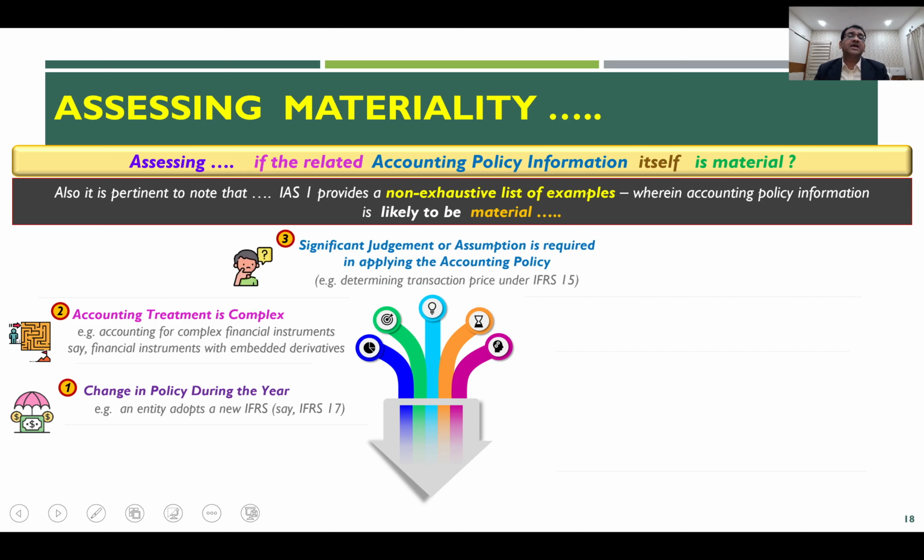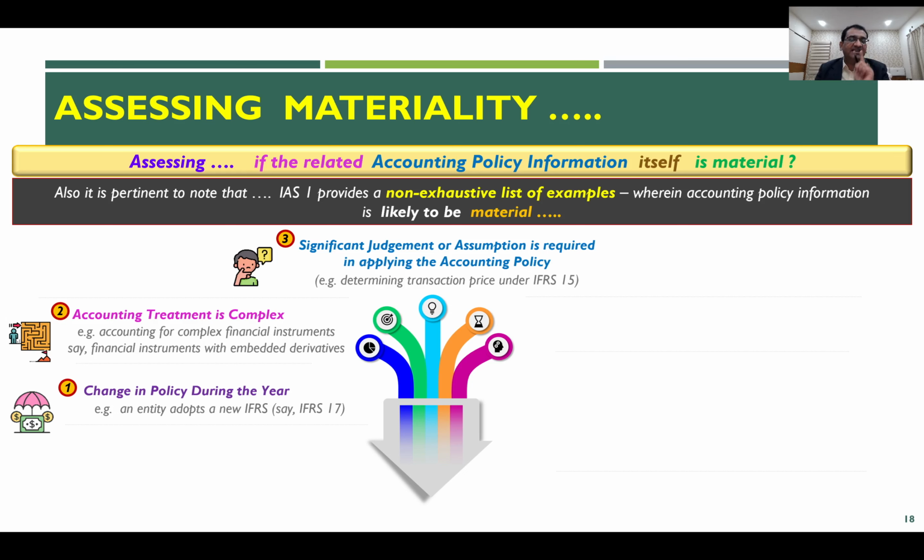The third is circumstances where significant judgment or assumptions is required in applying an accounting policy. For example, you may be familiar, IFRS 15 has a 5-step process of revenue recognition. One of the steps says you need to determine the transaction price.